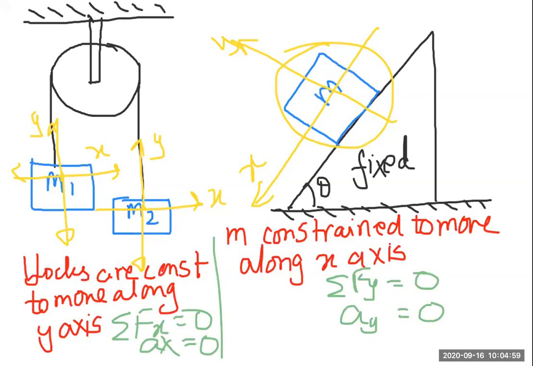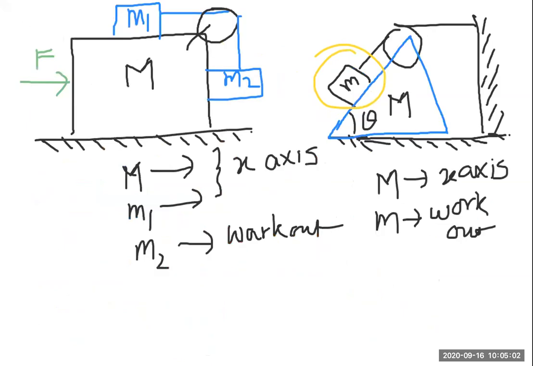In these cases, for m2 and for small m, right, you cannot say that force along this axis will be 0 and force along this axis will not be 0, and acceleration along this axis will be 0, and acceleration along one axis will not be 0. So here you'll have to do something else. Here you'll have to say that there is an acceleration along x-axis and an acceleration along y-axis.